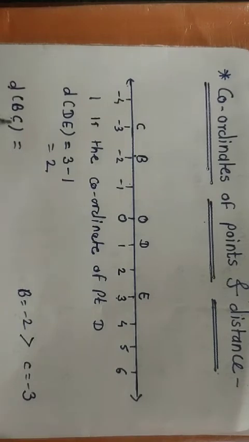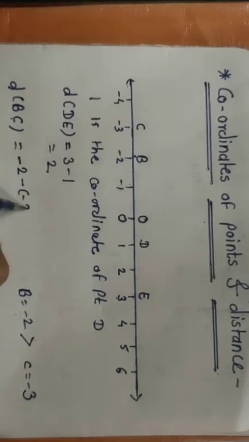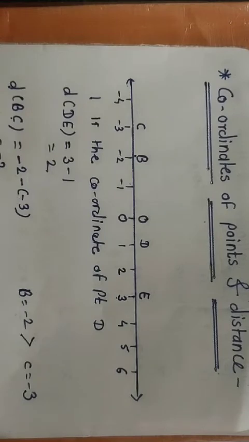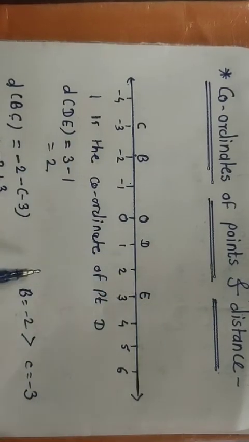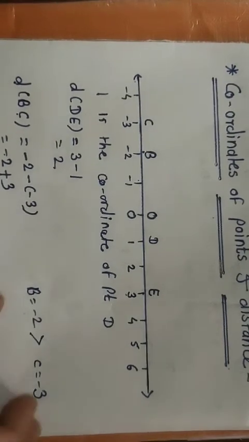Therefore, distance BC is equal to -2 minus in bracket -3, which is -2 minus minus gives +3. So -2 plus 3 is equal to 1. So the distance between point B and C is 1. In this way, we calculate the distance between two given points.